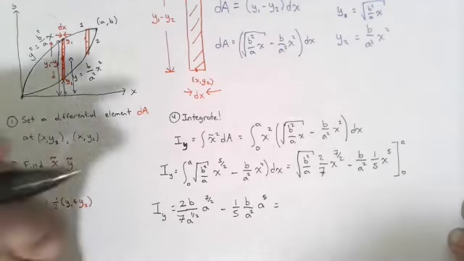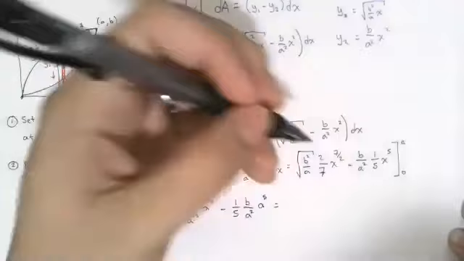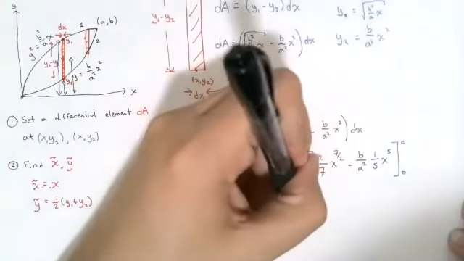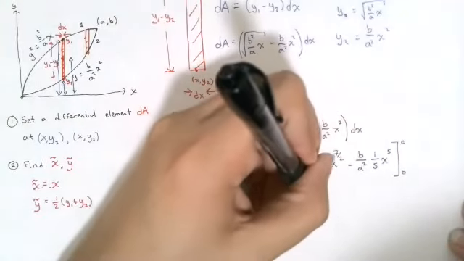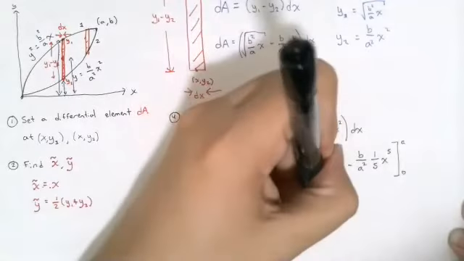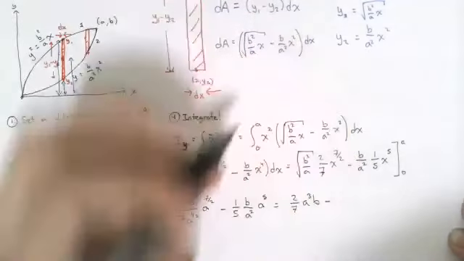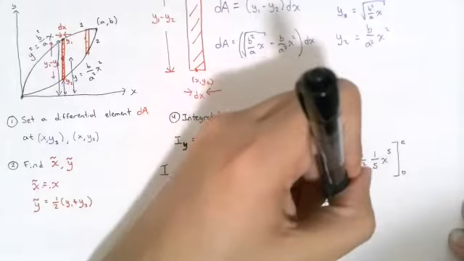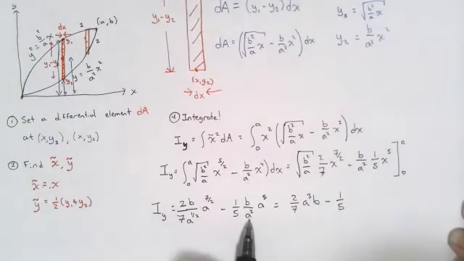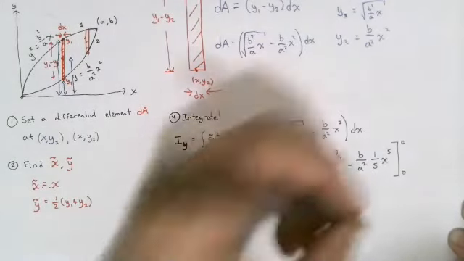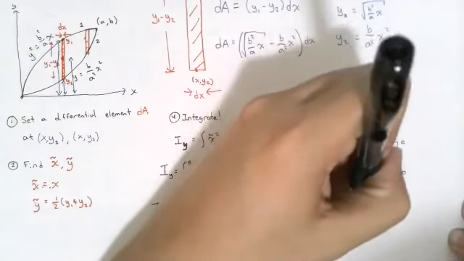And a to the 6/2 is just a to the power of 3. So this gives me 2/7 a to the power of 3 times b minus 1/5 a to the power of 5 over a to the power of 2, which is a to the power of 3 times b.